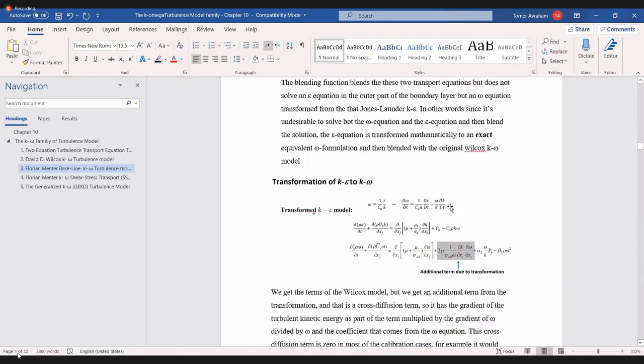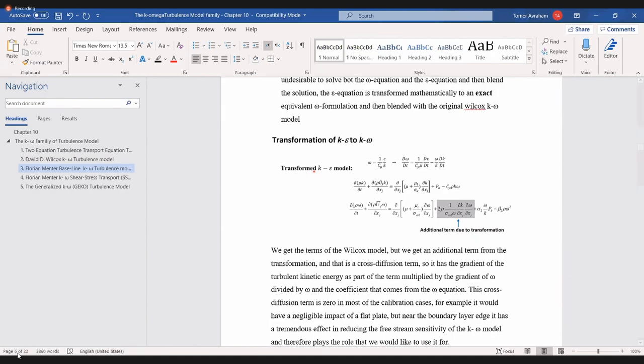So here you see the transformation from K epsilon to K omega. But it's not a problem. You take a substantial derivative. What you get is the Wilcox equation, but you get another cross diffusion term, which usually doesn't do anything, but in the edge of the boundary layer, it has a tremendous effect.